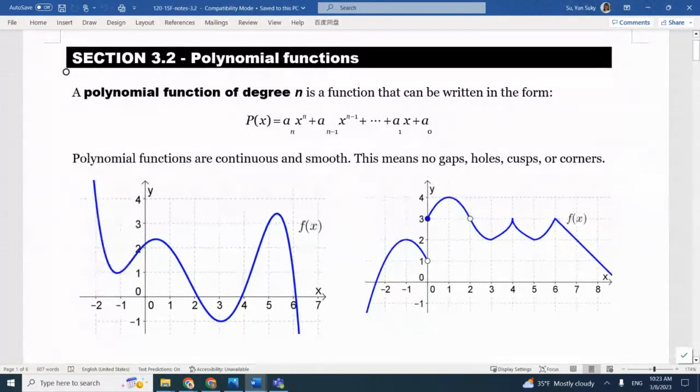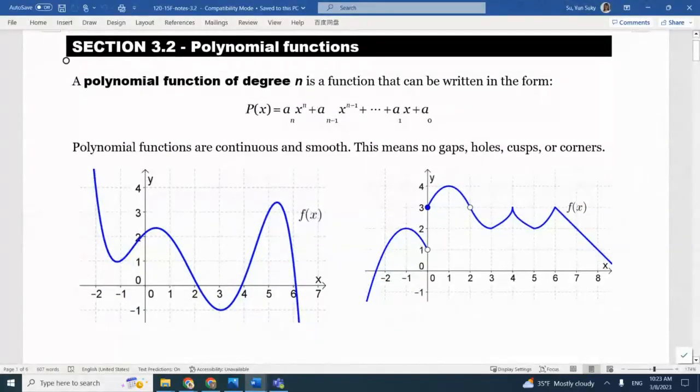Okay, polynomial functions. We learned about linear functions and quadratic functions. Now let's increase the degree. A polynomial function of degree n is a function that can be written in the form a_n x to the n plus a_(n-1) x to the n minus 1, and so on. These a_1, a_0 are just constants, constant coefficients.